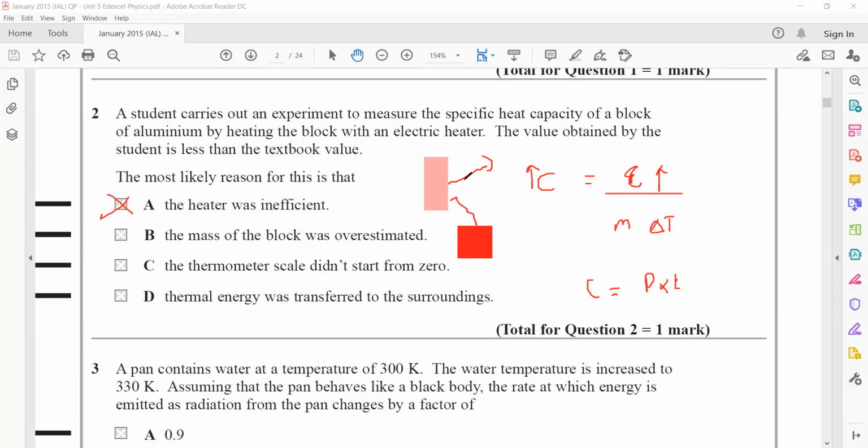It will show a smaller change in temperature, because of the loss to the surroundings. As it shows a smaller change in temperature, specific heat will be higher. But if mass is overestimated, like if you measure a greater mass, the specific heat capacity will be smaller. That's why B is the right answer. So A is not correct, C is not correct, D is not correct, B is the right answer. Is it clear why?